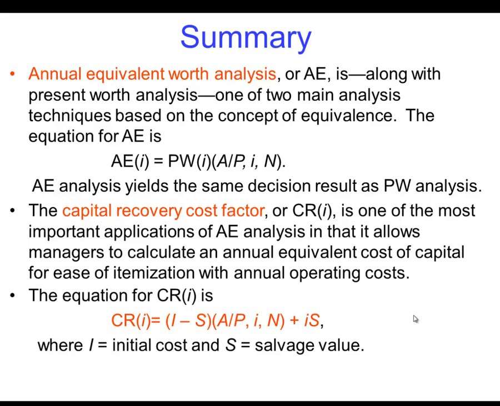The capital recovery cost factor, or CR, is one of the most important applications of annual equivalence analysis, which allows managers to calculate an annual equivalence cost of capital for ease of itemization with annual operating costs. In addition, it takes the salvage value into consideration.